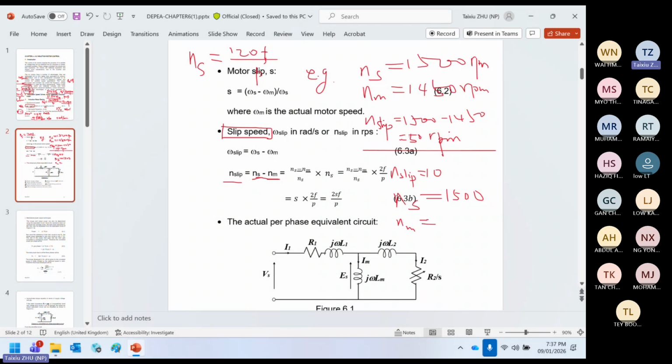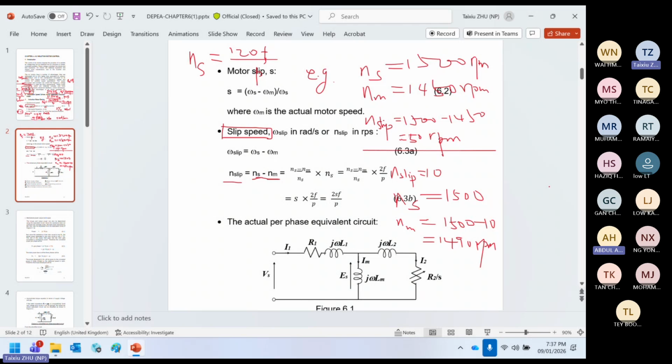Just minus 10, 1500 minus 10. The motor runs at 1490 RPM. So that's the meaning of the slip speed, because this will be used later when we control the motor.